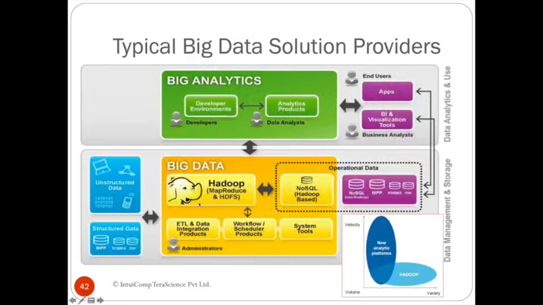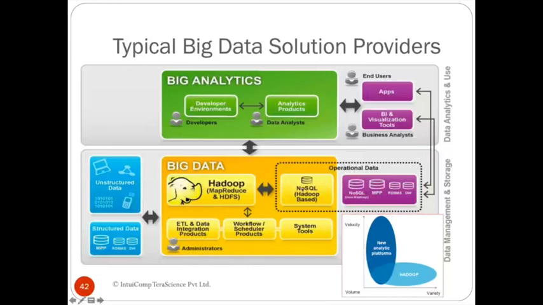Typical big data solution providers: the big data analytics developer environment. From developer it goes to analytics products, data analysts, then to end-user apps and BI visualization tools. After that, in big data, we can see Hadoop, MapReduce, HDFS, ETL and data integration products, workflow products.